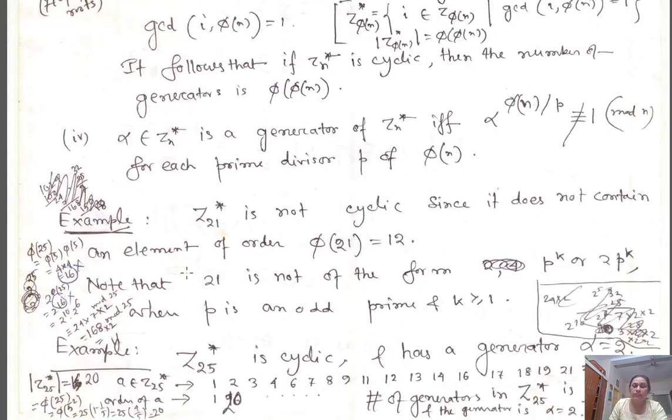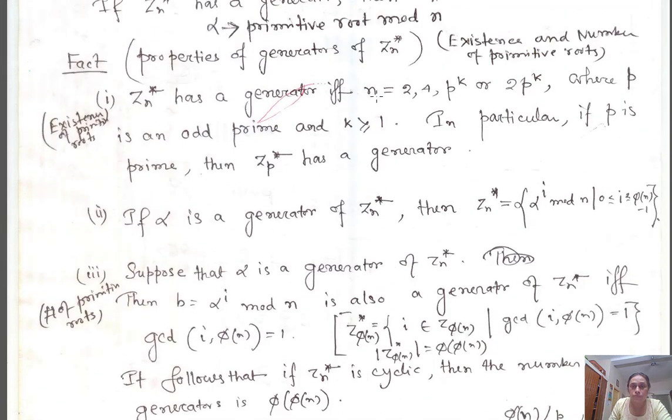Now some simple exercises, examples. Z21 star is not cyclic. Why? Because you cannot find a primitive root modulo 21. 21 is not of this form.